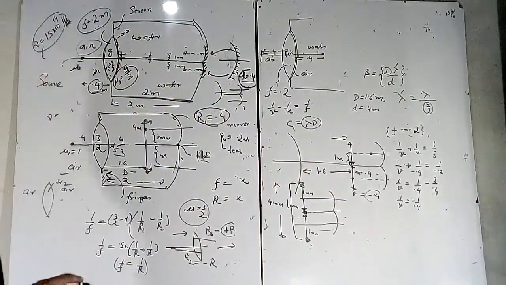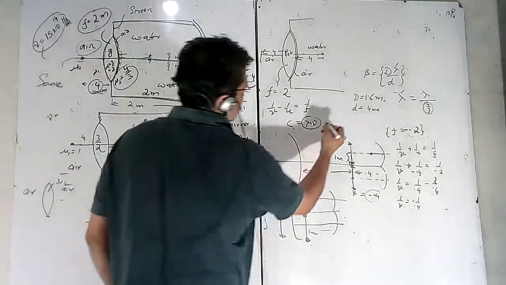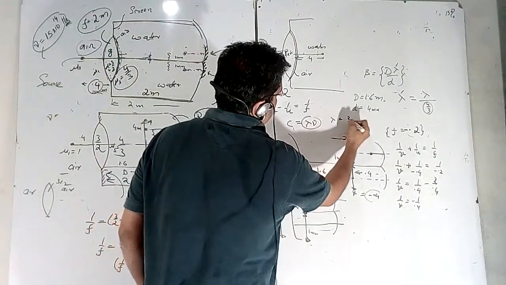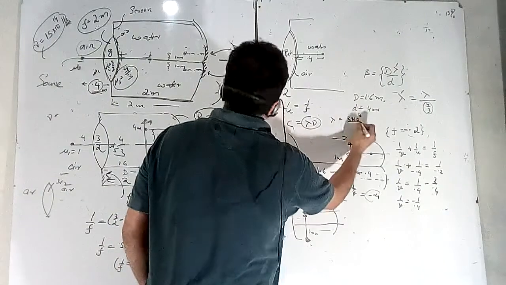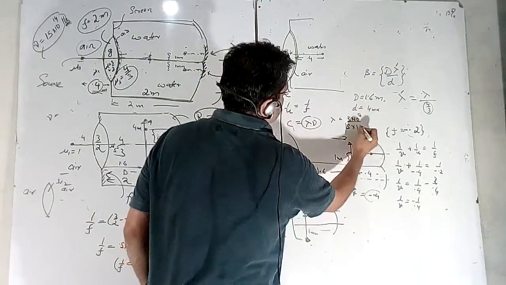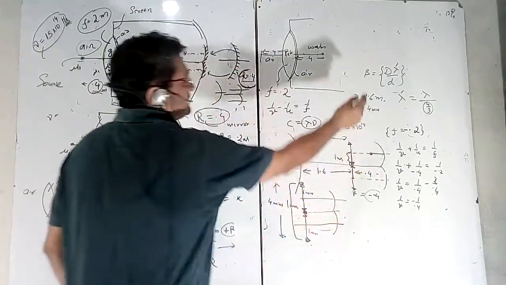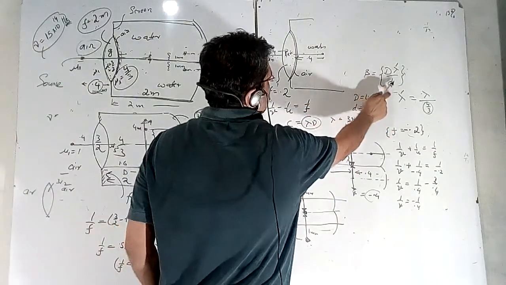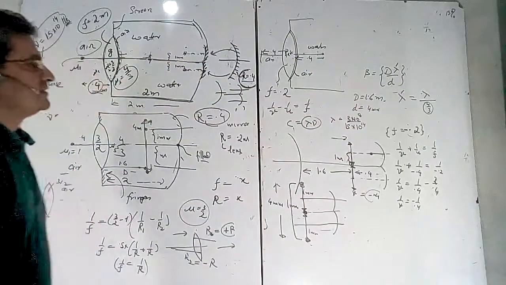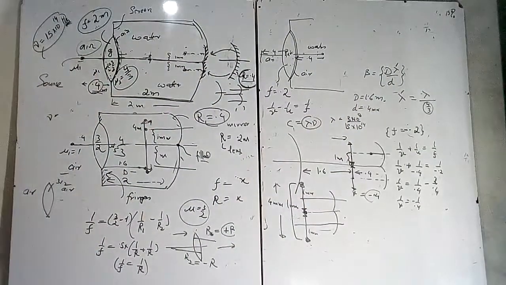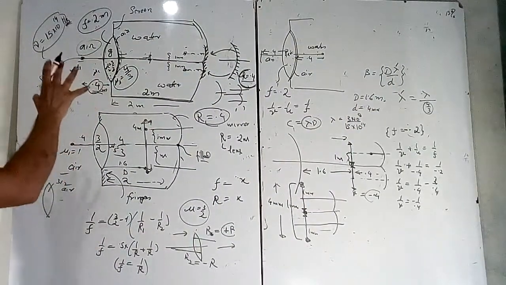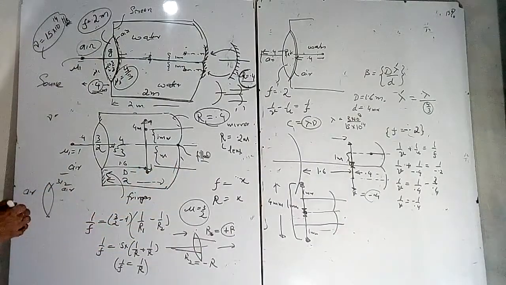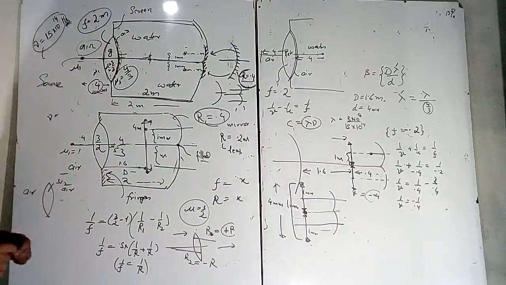Mu is given to us, c we know is 3 into 10 to power 8, so lambda is 3 into 10 to power 8 upon 15 into 10 to power 14. Put the value of lambda there, you will get lambda dash, and put the value of d, you will get the width of the fringes. So you see, in one problem there were a number of issues, so that is why I thought I will take up this problem.